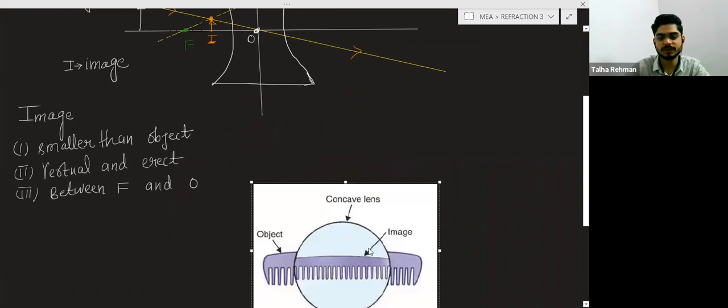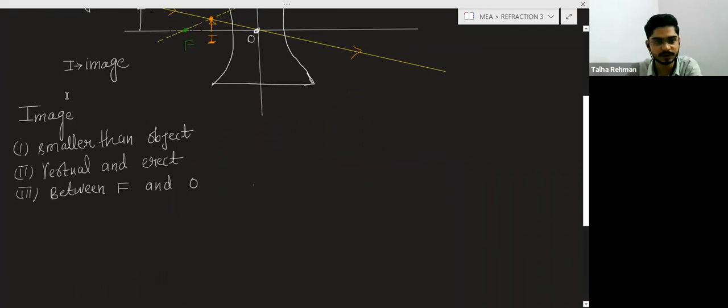No need to draw this. I'm removing this just for the understanding. Now write down this part. Then we will discuss the next topic.